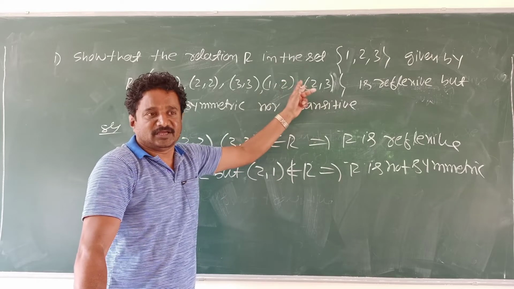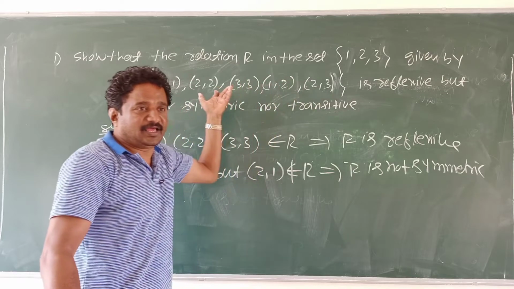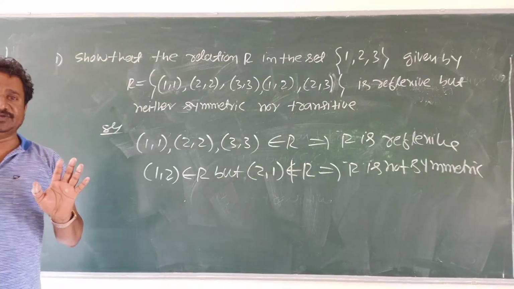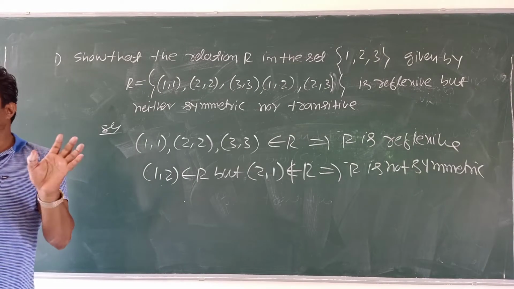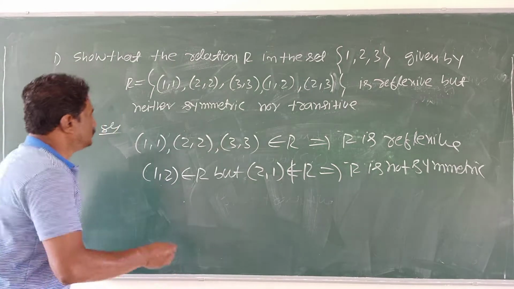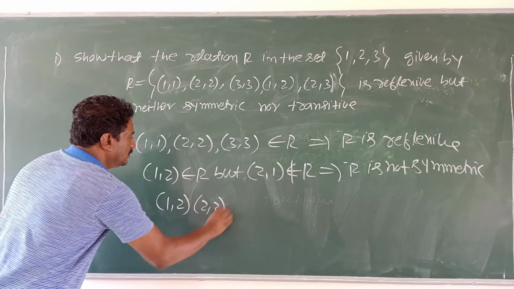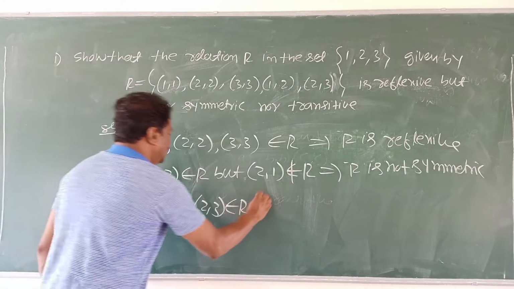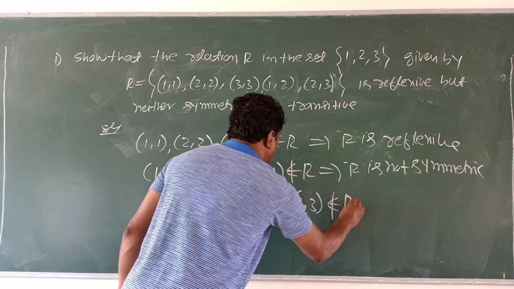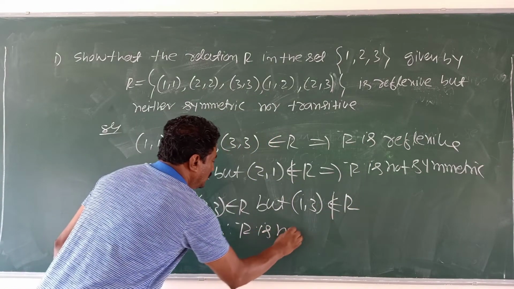No, (1,3) is not in it. Is it transitive or not? Not transitive. Failed in one subject means completely failed. Once you find one failed subject, you don't need to worry further. So I write that (1,2), (2,3) belong to R, but (1,3) does not belong to R. Therefore, R is not transitive.